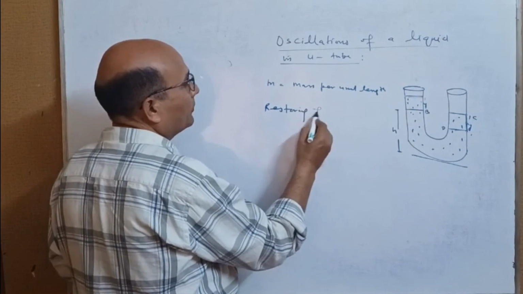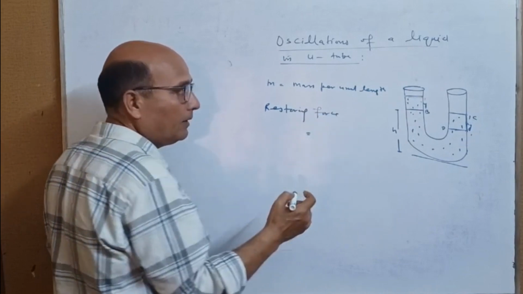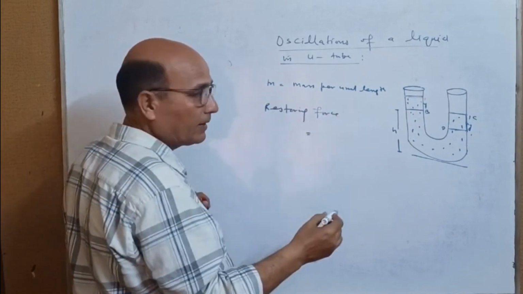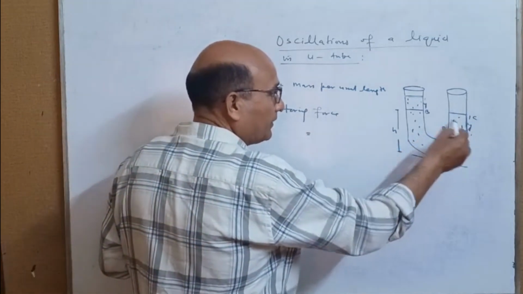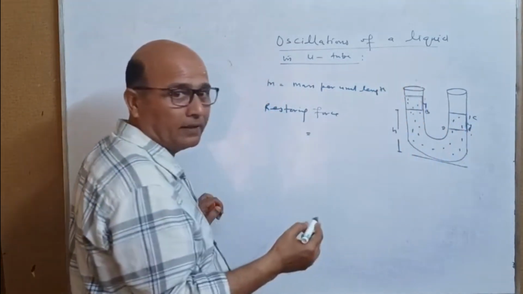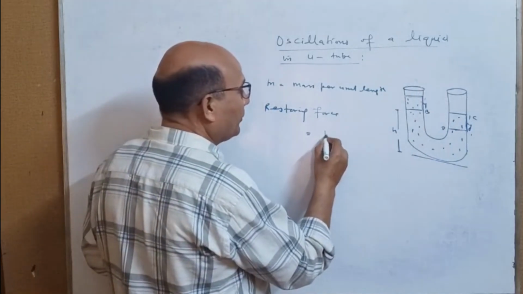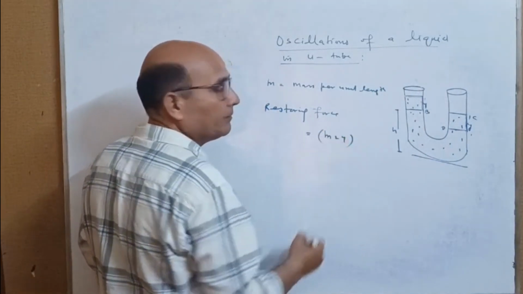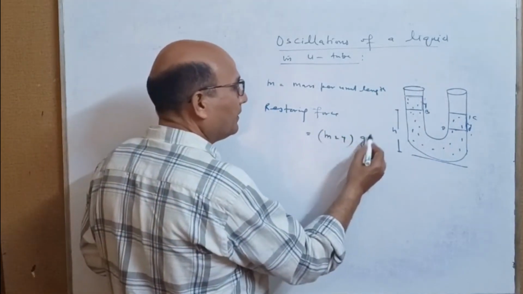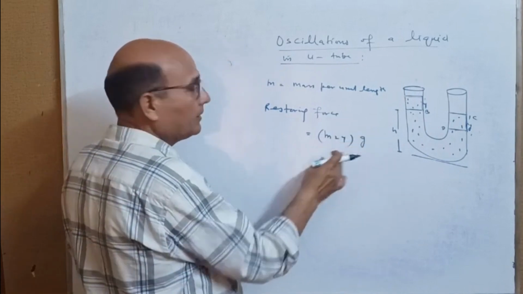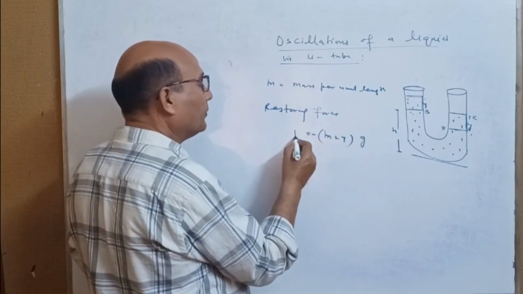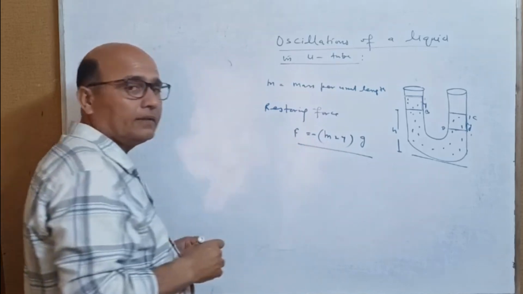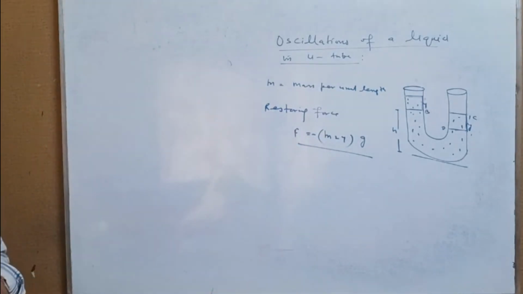See, this is the mass per unit length. You have gone down through distance y and up also through distance y, so the net mass will be m into 2y, and g. This is the weight of the liquid, and the minus sign shows that it is the restoring force. It is clear for you.